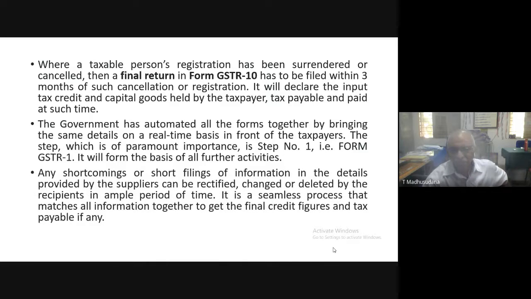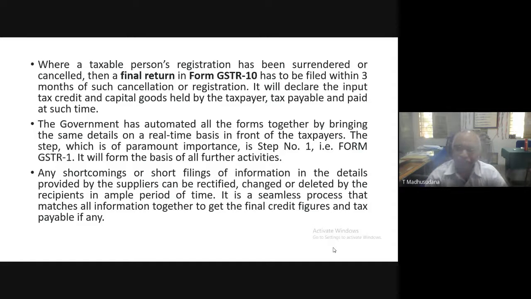Any shortcomings or short filing of information in the details provided by the suppliers can be rectified, changed or deleted by the recipient in ample period of time. It is a seamless process that matches all information together to get the final credit figures and the tax payable, if any.